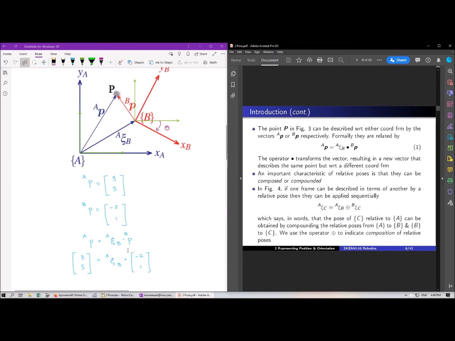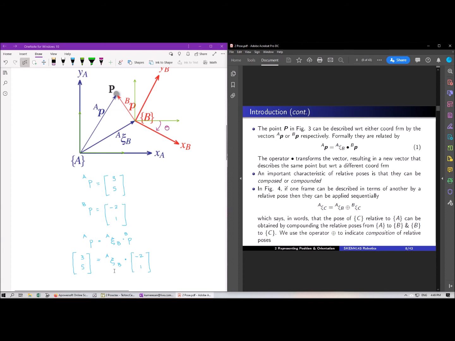So we want a way to transform a point from one frame to another. Here we are transforming the point ^B P to ^A P. If you want to transform the point from coordinate frame B to A, this would be it.